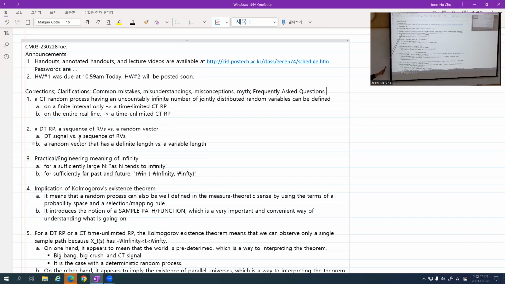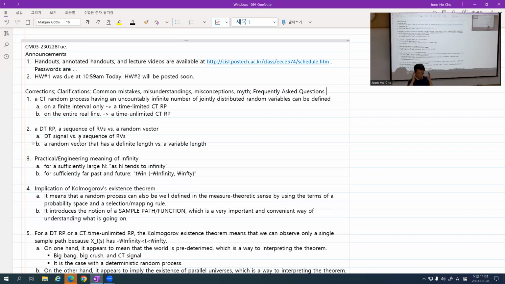First thing, consider a continuous time random process. Many of you who already have taken an undergraduate course or have been exposed to the notion of continuous time random processes are likely to consider a continuous time signal defined on the entire real line, which means that t ranges from negative infinity to positive infinity, with uncertainty.